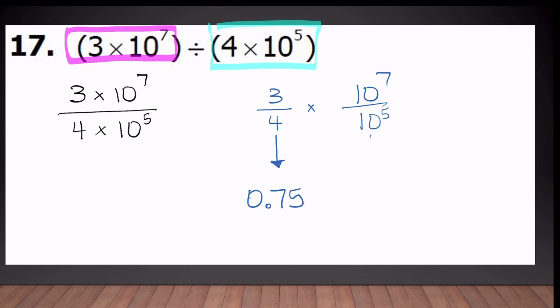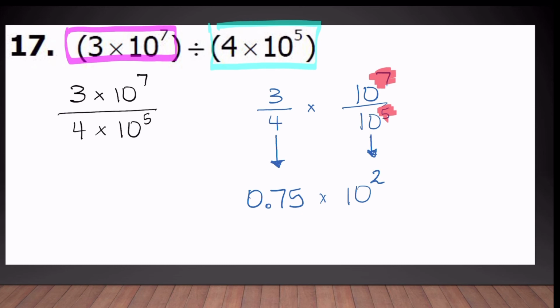Well, here I've got the bases are the same. So I write the base and I subtract these exponents. So take a look here. This 7 minus 5. Okay, so I'm going to subtract and get a square. But is it technically scientific notation?